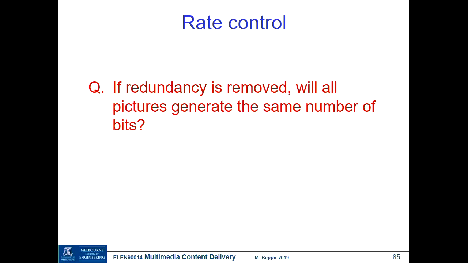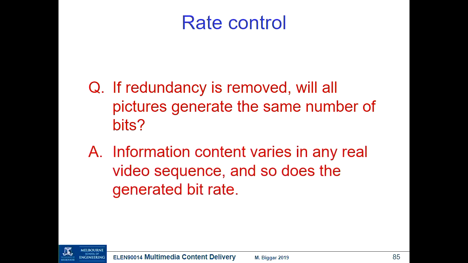In a video sequence, there will be more motion in some parts of the picture than others. And some parts might have a scene change where the picture changes completely and we can't even predict it from the past. So the information content varies in any real video sequence, and so does the generated bit rate. The number of bits per frame is going to vary.